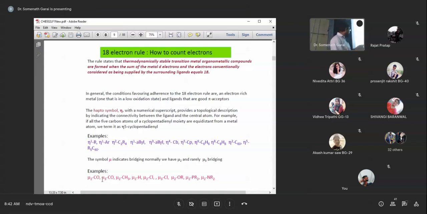Mu3CO means the CO ligand will be bound with 3 metals. So the number of metals with which a particular ligand is bound is given by the symbol mu.